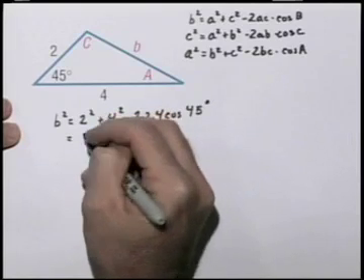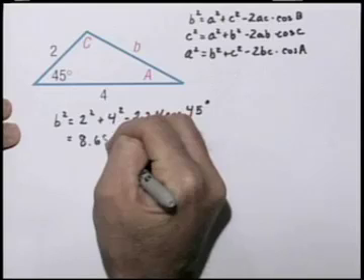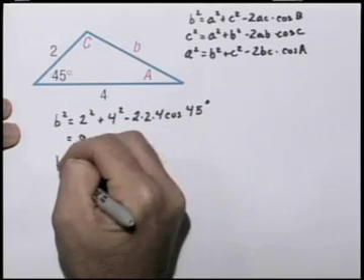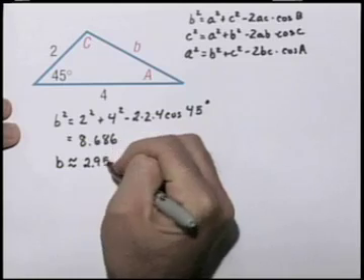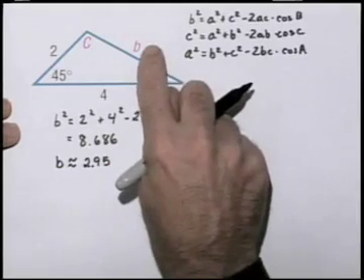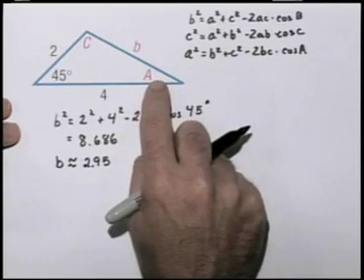This gives us that b squared is about 8.686, and so that b is approximately 2.95.